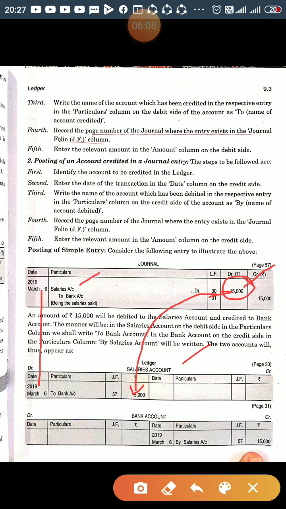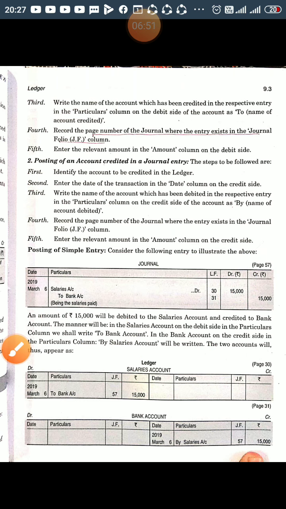Salary account will be debited, so it will be entered on the debit side. In the particular column, you will put the prefix 'To', and then write the name of the account which is credited. The account which is credited is the bank account, and that will be put here. And in the journal folio, you will write the page number, 57. So this is the posting of the salary account in the salary account.